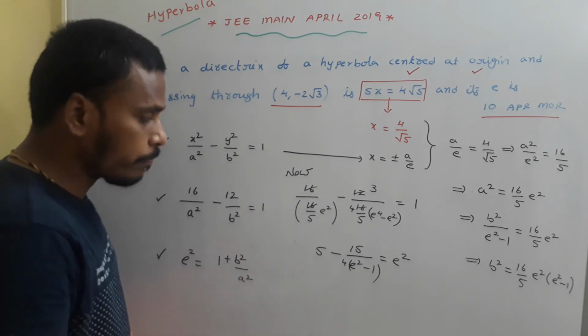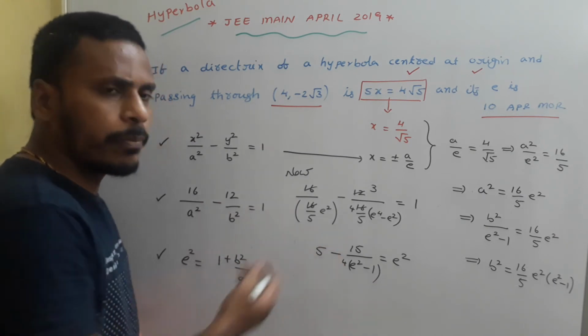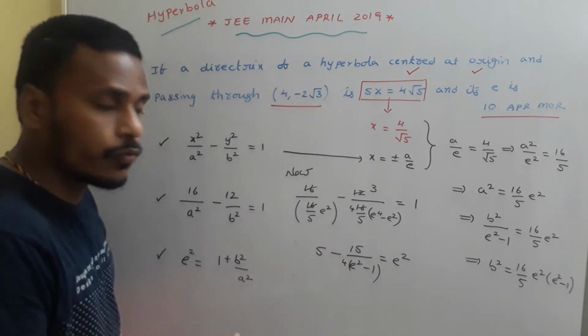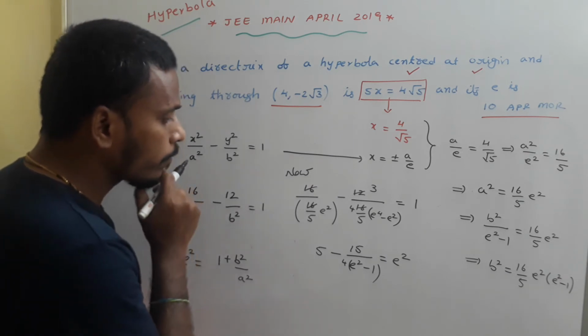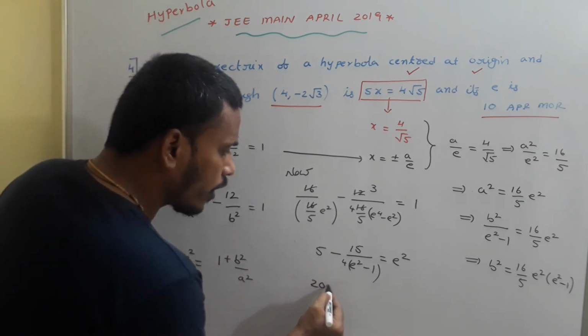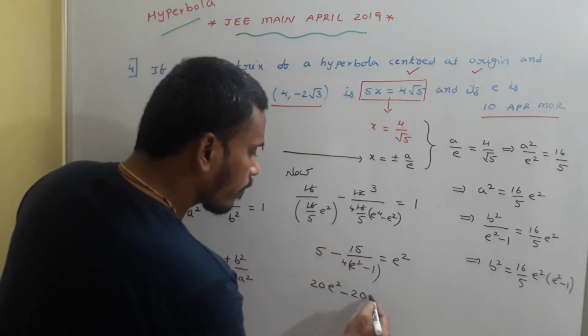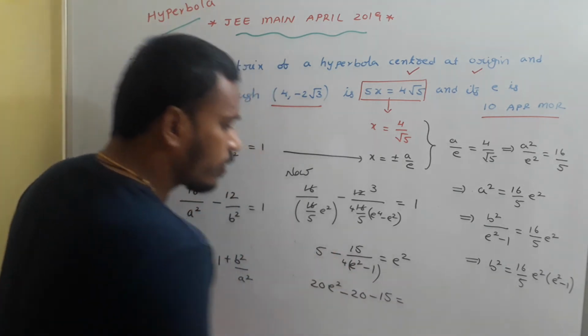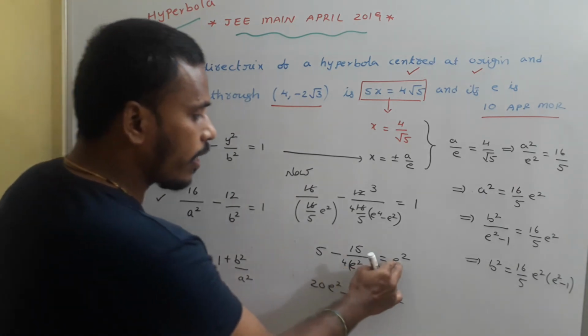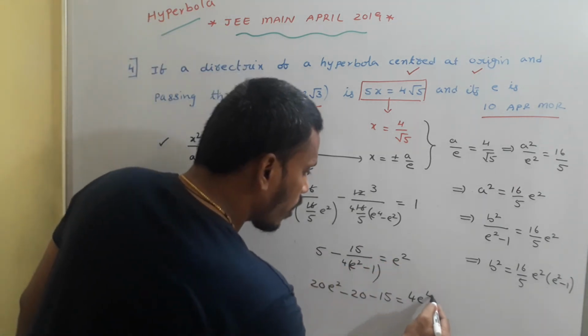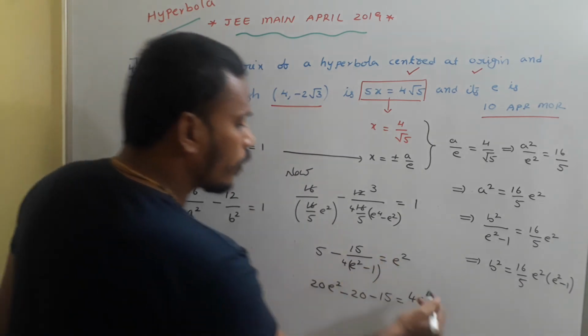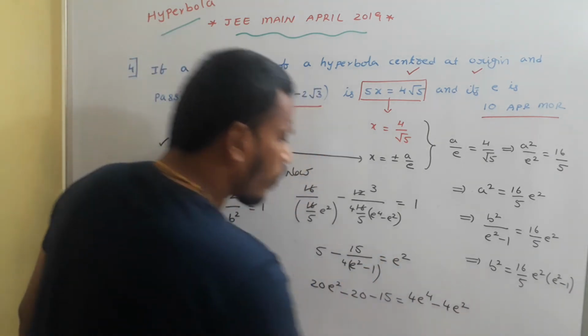The next step, you just multiply everything with this 4 into e square minus 1. So 5 fours is 20 e square, minus 5 fours is 20, minus 15 is equal to 4 e square into e square, which is 4 e power 4, minus 4 into e square, which is 4 e square.